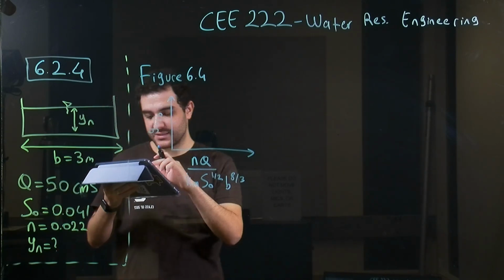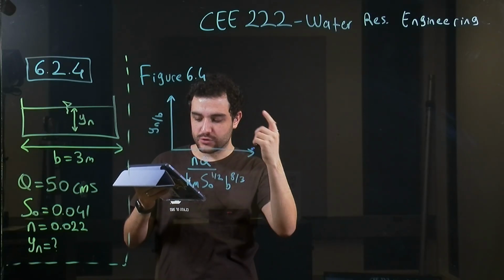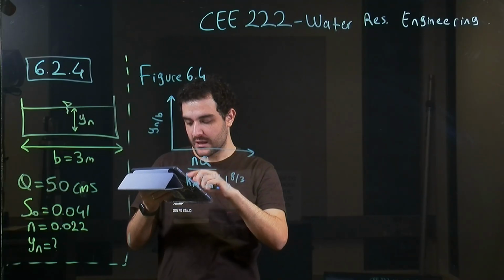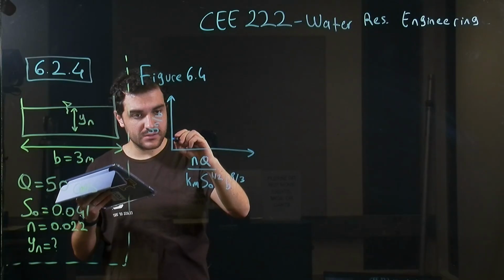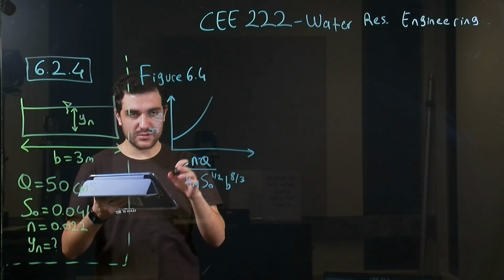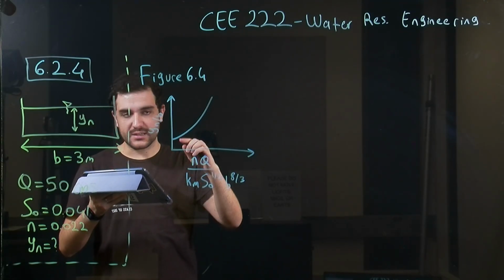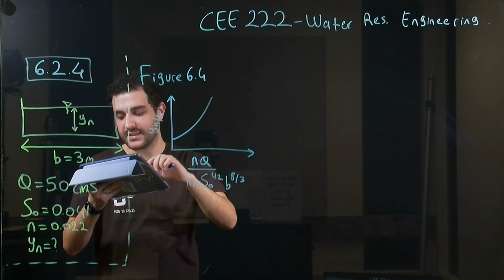And in the table, you will see that we will have m values like 1, 2, 3, 4, and it refers to side slope. But if we have a rectangular channel, we will have a curve like this. So you will see the details in your textbook. Then you can find the intersection of these 2 axes and you can get the normal depth.